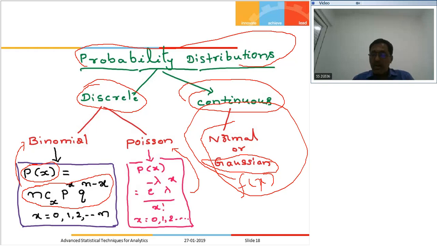In case of the binomial distribution, what we have to remember is what are the parameters that define it. The parameters are, one is N, that is the total number of trials, and the second one is X. What does X stand for? The number of successes. And the third one is P, the probability of success.